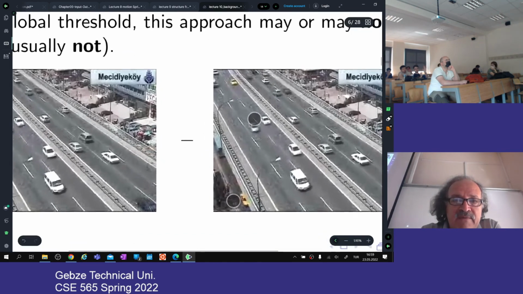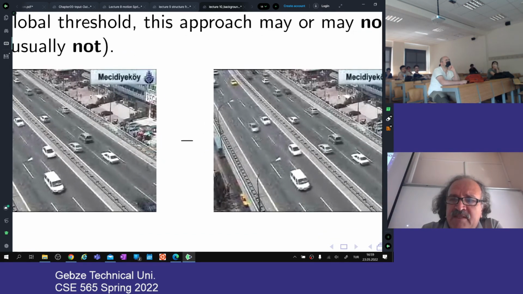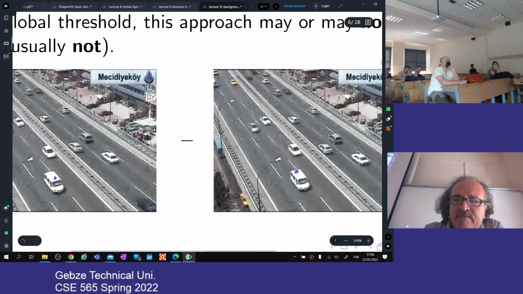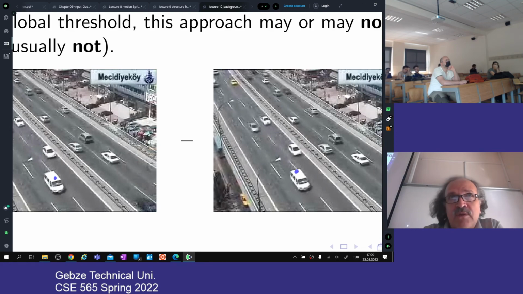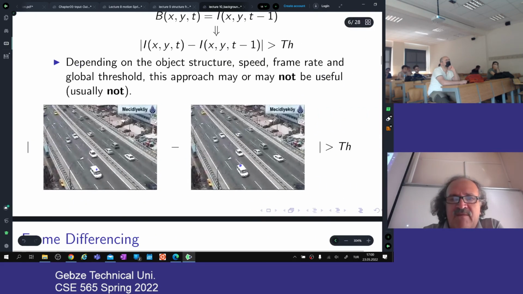Consider this pixel. Let me exaggerate a little bit: the front part of the van is going to correspond to the back part of it. Although the object moved, their colors are exactly the same. It's not going to work very well.